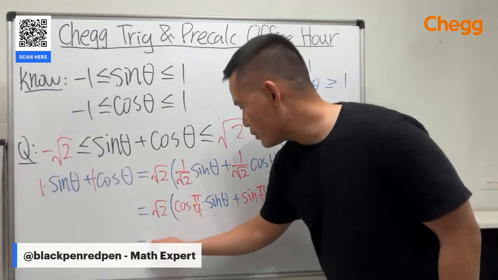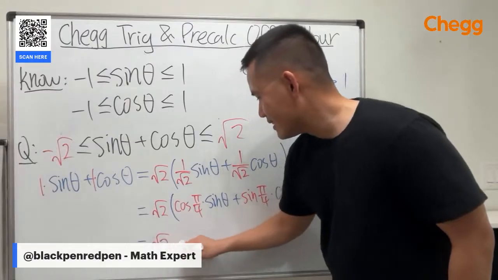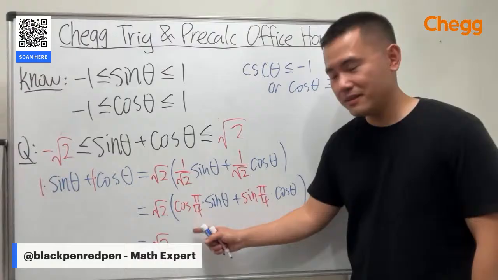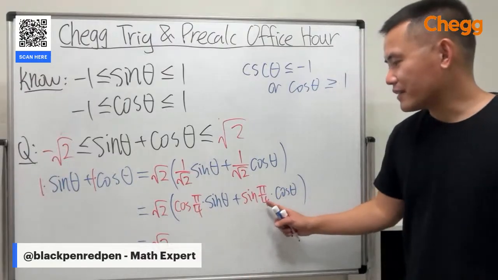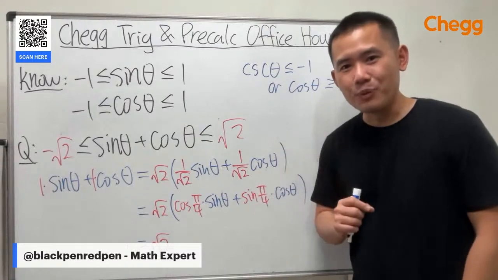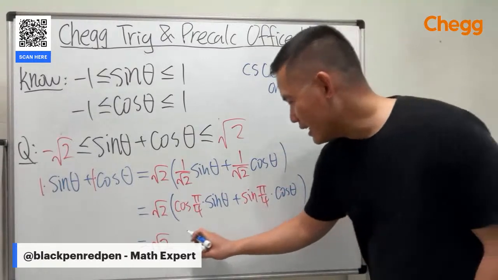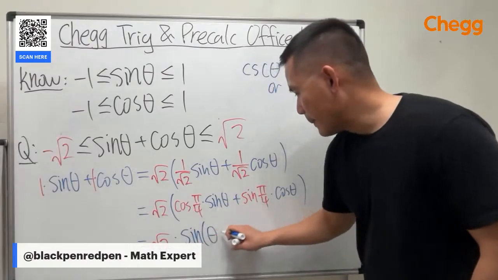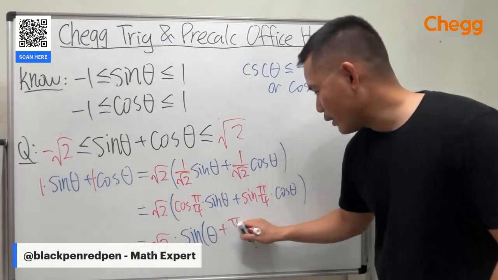Now, we still have the square root of 2 all the way in the front, but sine of the first times cosine of the second, plus sine of the second times cosine of the first. This is just the angle sum formula for sine. So I can write this as sine theta plus pi/4.